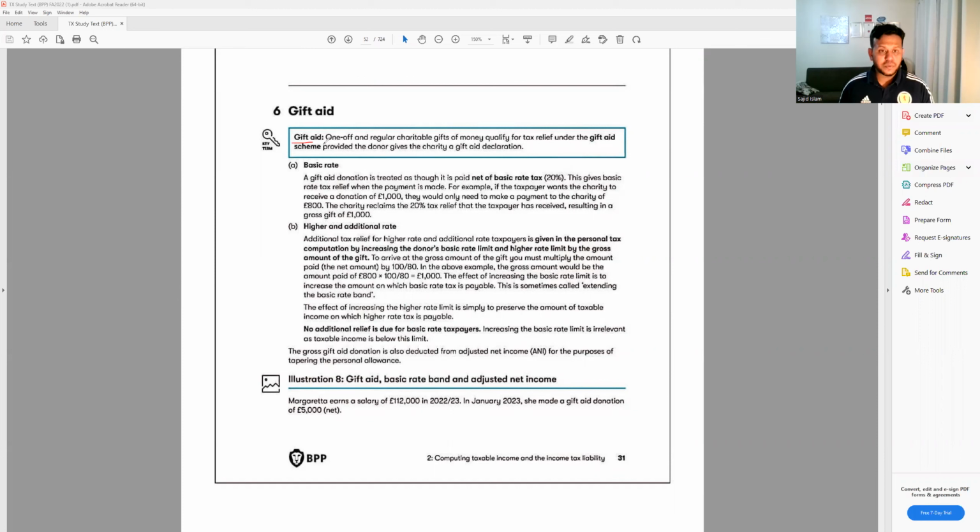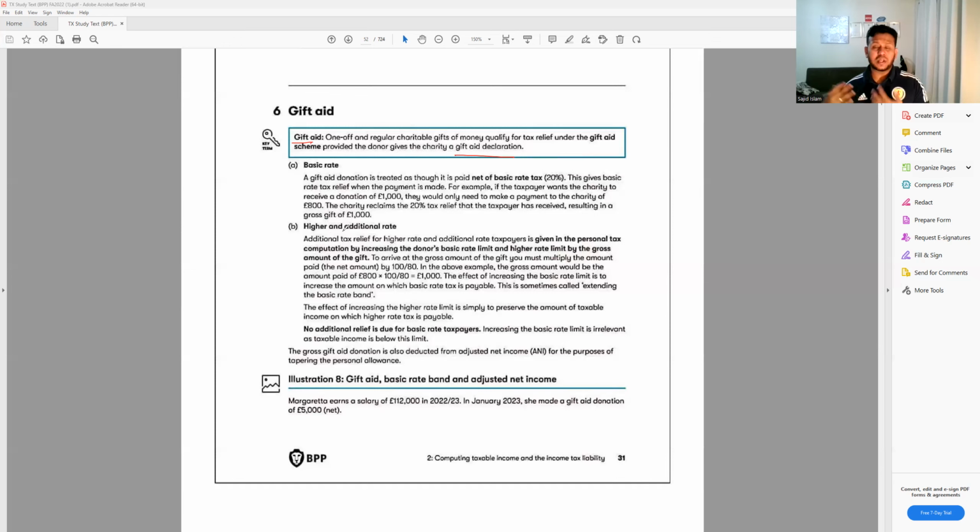Gift aid is a one-off or regular charitable gift of money qualifying for tax relief under the gift aid scheme, provided the donor gives the charity a gift aid declaration. When you give to charity, HMRC will give you some tax advantage, nothing else, through the basic band and additional band.